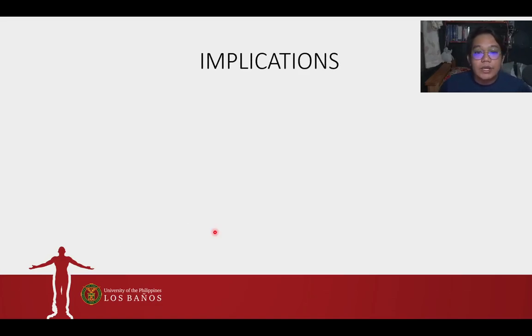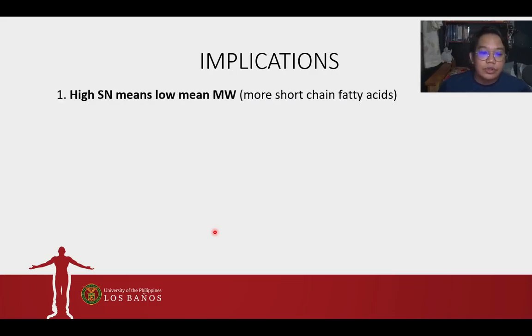Okay? So, what are the implications of your saponification number? So, your high saponification number means you have low mean molecular weight. So, bakit kaya ganun yun? Because you have more short-chain fatty acid. Okay?